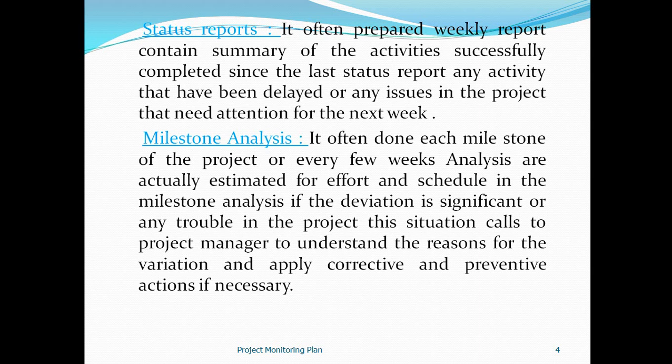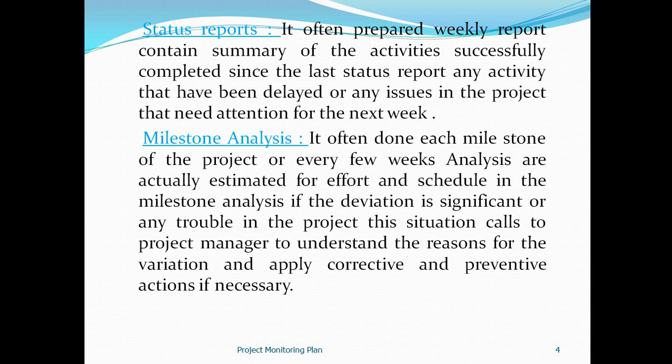The status report is a weekly report. It contains a summary of the activities from the last report. If there are any issues, they will be the focus in the next week. And milestone analysis is checked every few weeks or at every stage of the project.